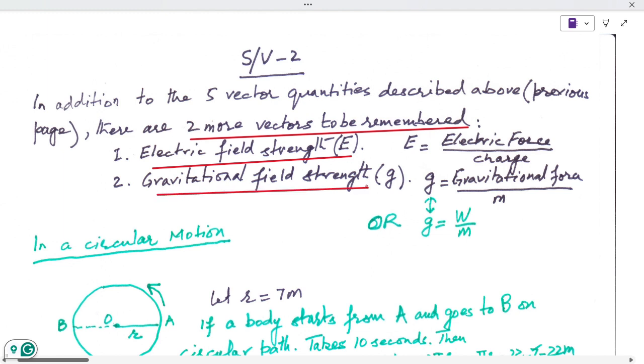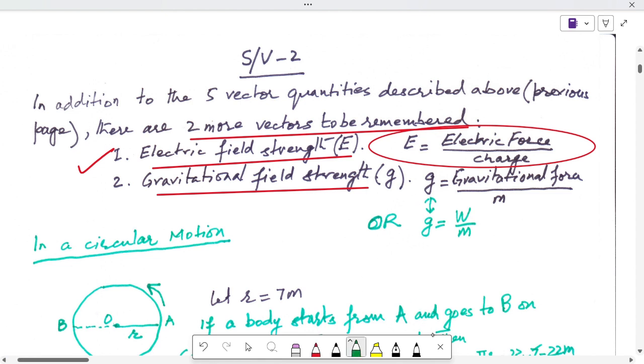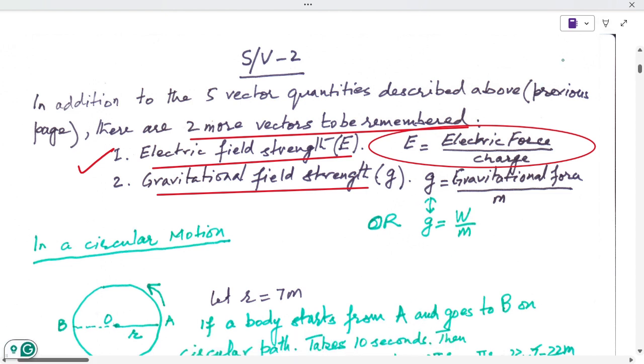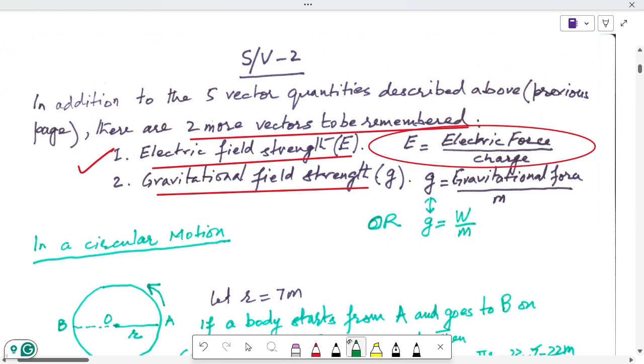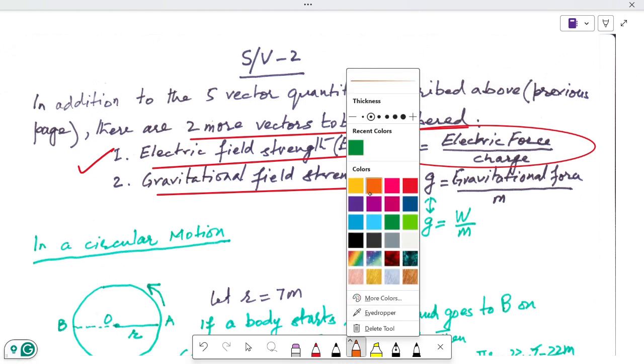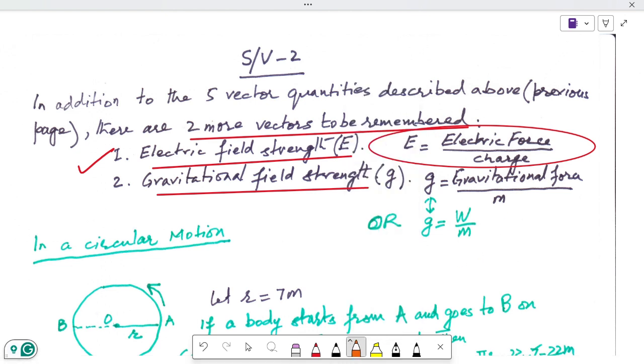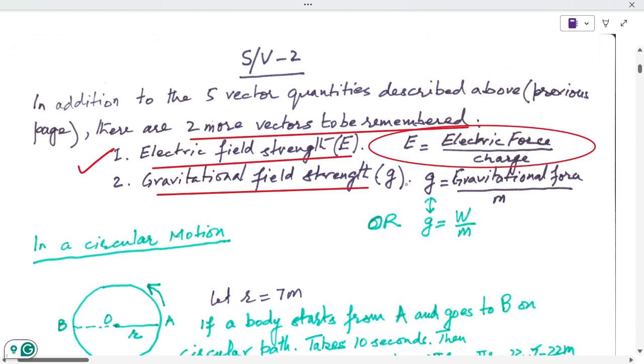Now talking about the electric field strength, it is electric force per unit charge, and you already know from your knowledge of electric charges that there are forces between the electric charges. Like charges repel each other and unlike charges attract each other. This attraction and repulsion are forces between them.